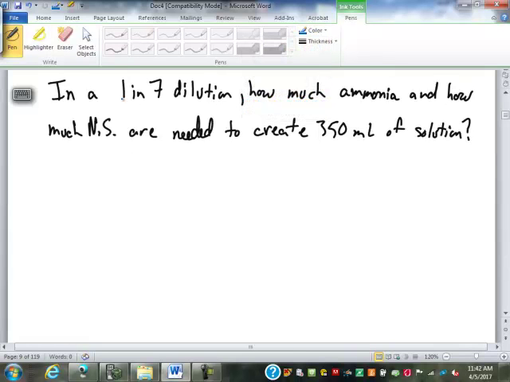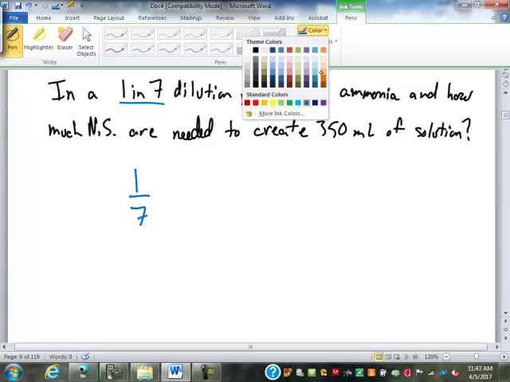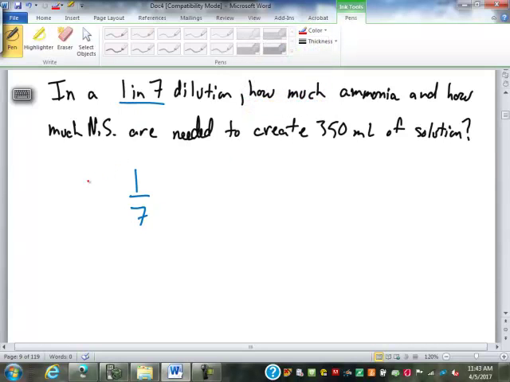So we have that 1-in-7 dilution. And remember, the 1 represents the serum, in this case the ammonia, and the 7 represents the total solution.